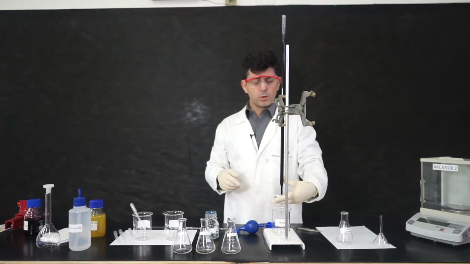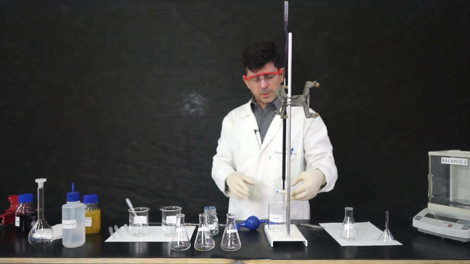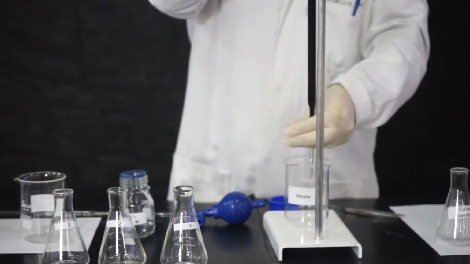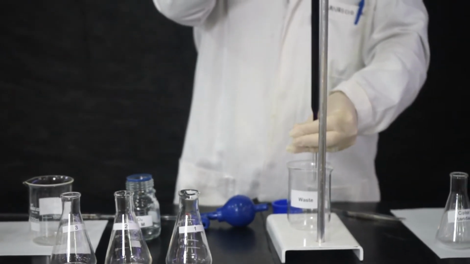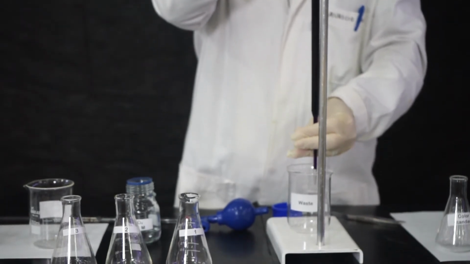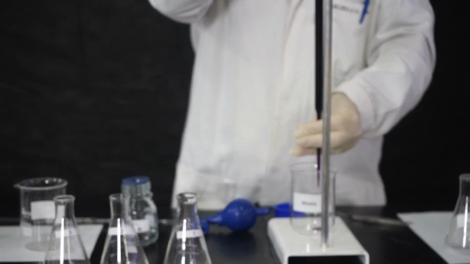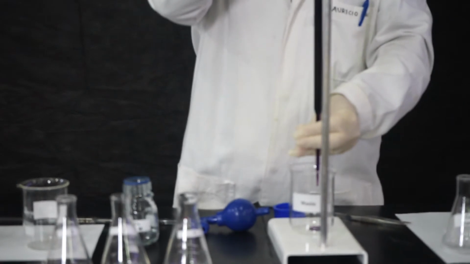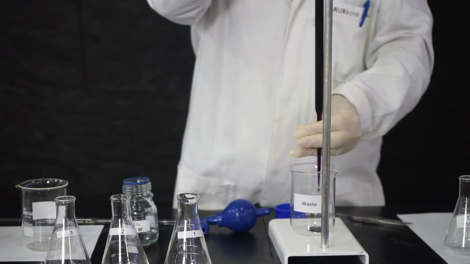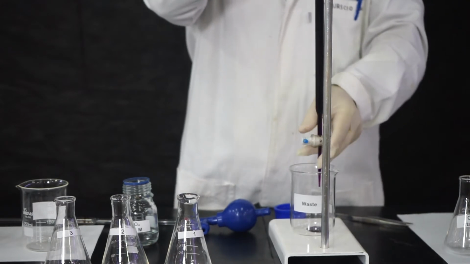So you're going to have to be very careful when you are reading the scale here. Now I will use my left hand to open the stopcock, and I need to put this at 0. So I will be very careful until I find the 0 here. And if you skip and go a little beyond 0, we can use the dropper to complete.